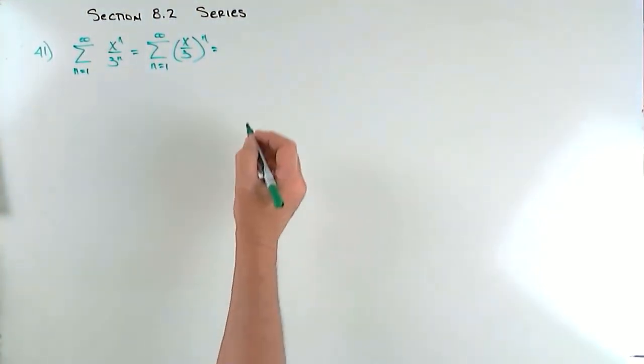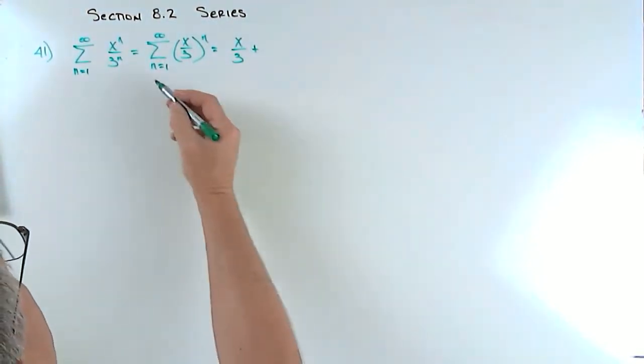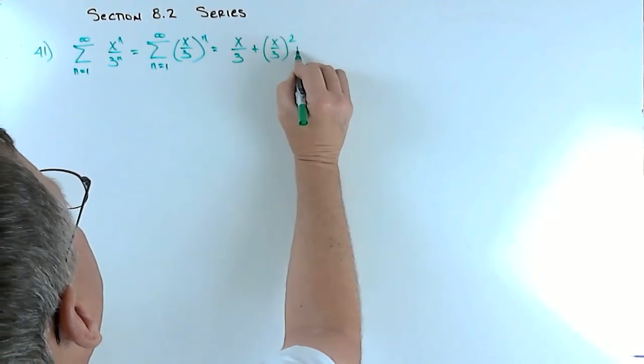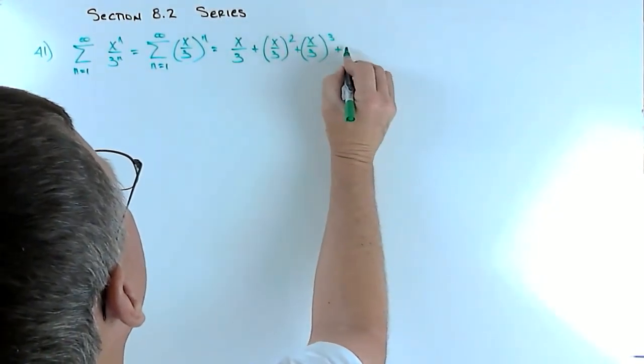And if we write this out, we get x over 3, and then x over 3 squared, and then x over 3 cubed, etc.